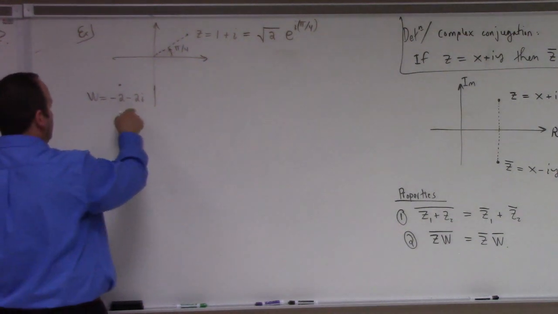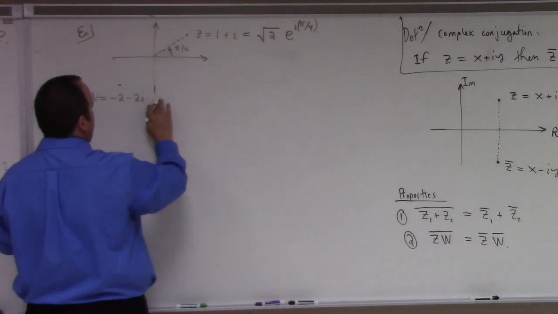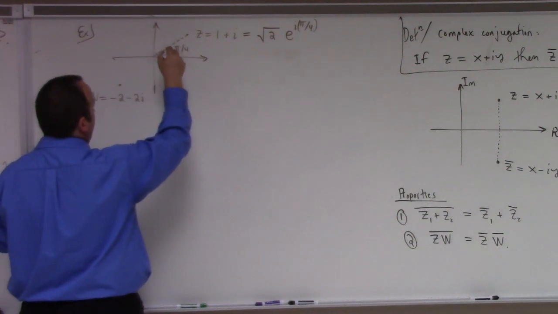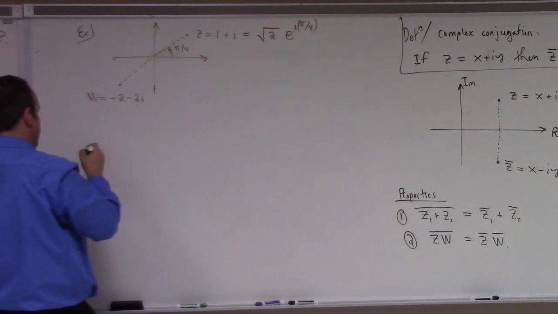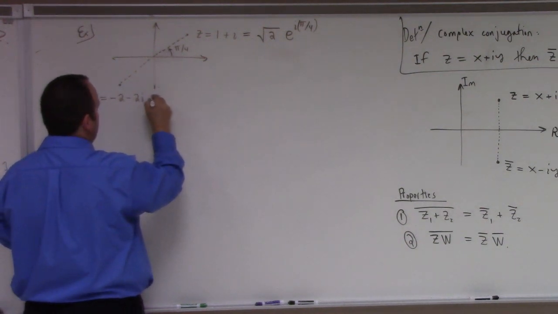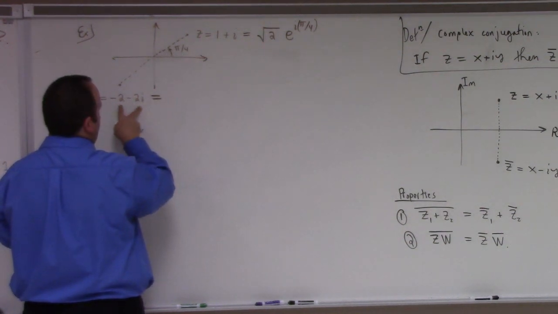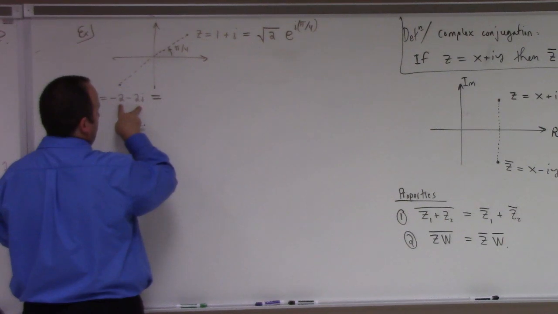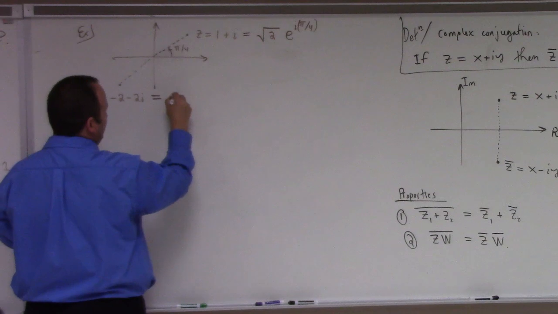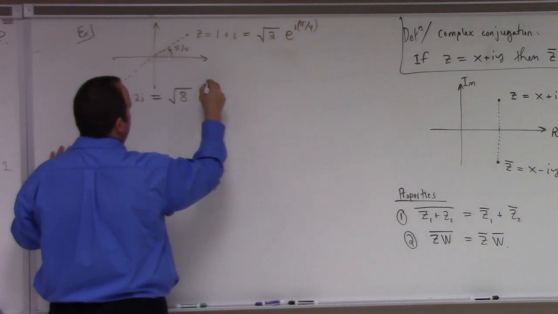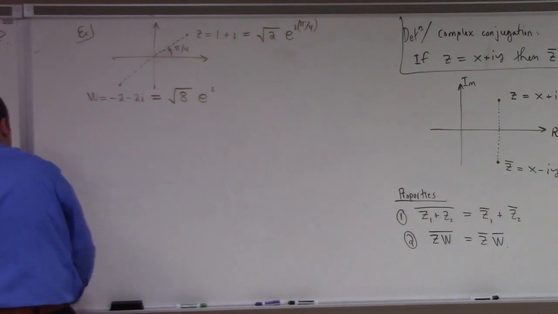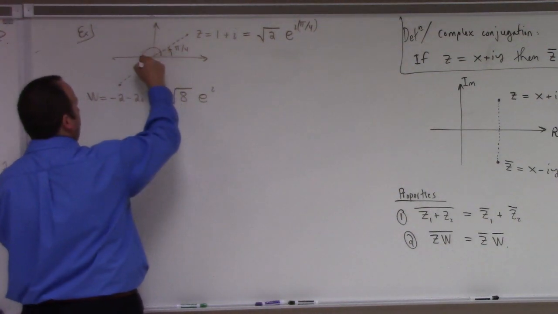This one down here, what's the standard angle there? So this one we could write, let's see, what's the length of this? Square root of 4 plus 4, square root of 8, right? e to the what? e to the i. If we go like this, right?